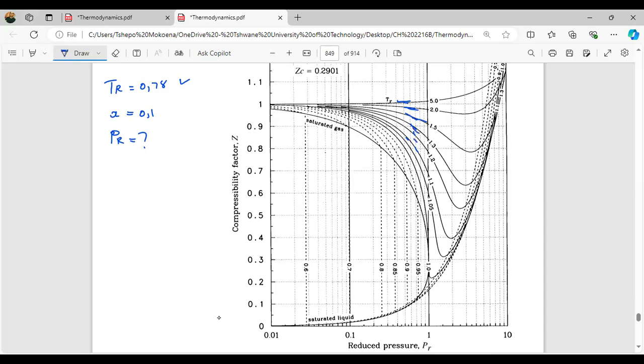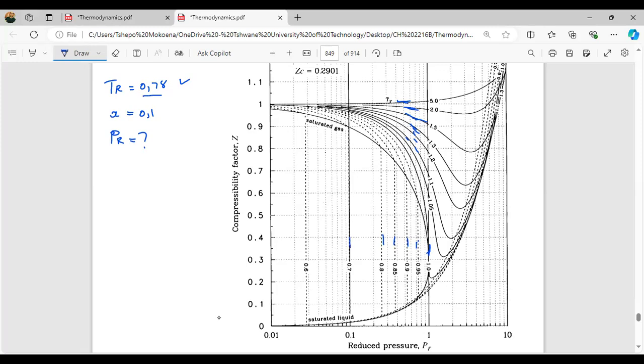They are decreasing until we get to this one where we have 1, where the isotherms no longer curve like these ones. Further down they keep decreasing: 0.95, 0.9, 0.85, 0.8, and 0.7.